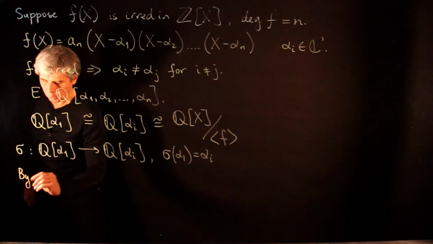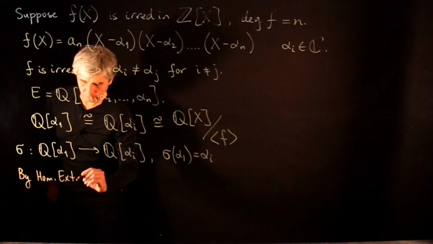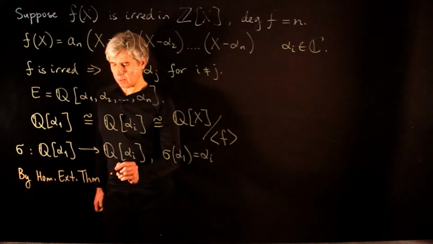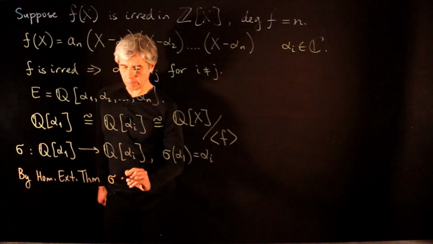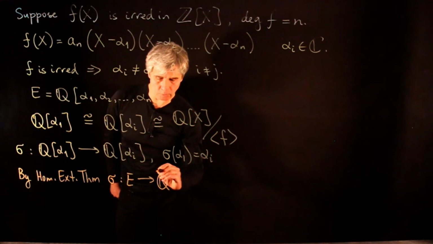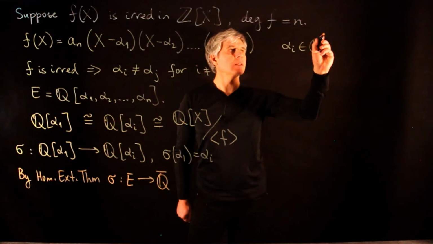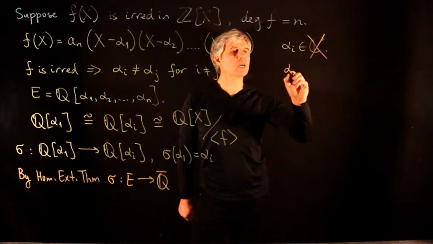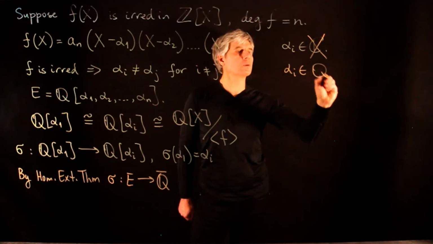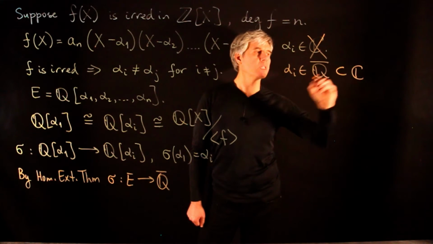By the homomorphism extension theorem, this sigma extends to an embedding of E into the algebraic closure of Q. And by the way, perhaps here instead we should have said not complex numbers, but the algebraic closure of rational numbers, which is a subfield inside the complex numbers.